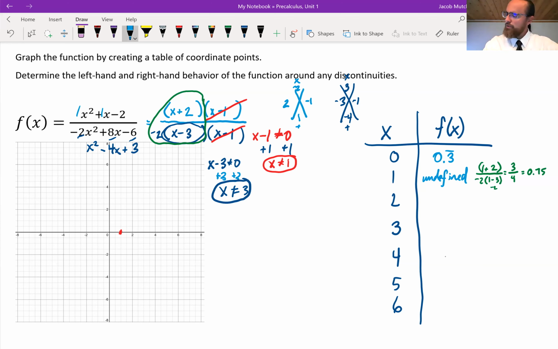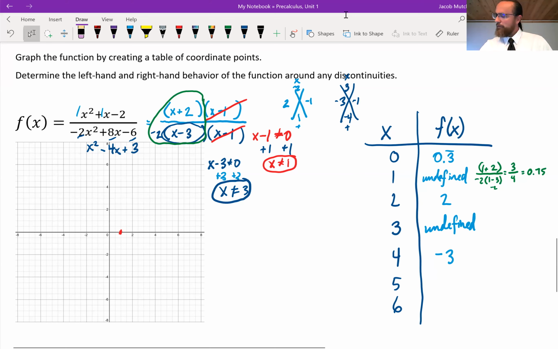We'll continue here. So at 2, it's at positive 2. 3 is our vertical asymptote. 4 bumps down. 4 is down at negative 3. Oh, and I didn't get all these for 5 and 6, so let's grab real quick.